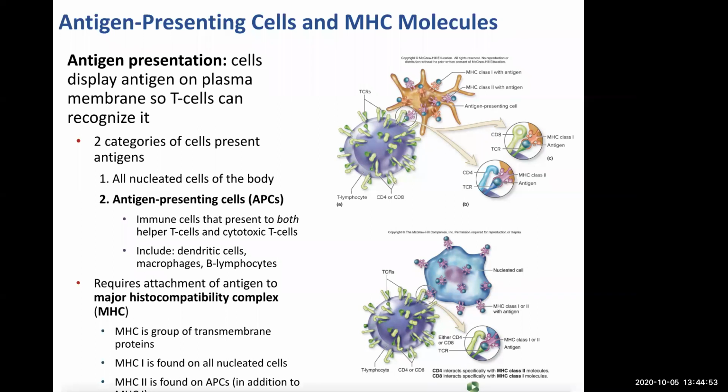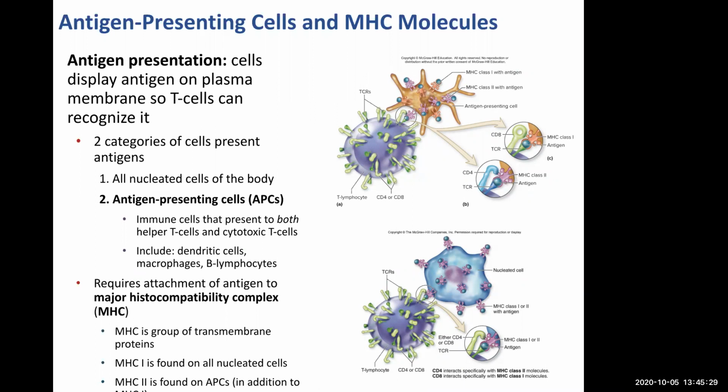And then the other type of MHC molecule that we have is called MHC2. And just because I feel like with this kind of material semantics can trip people up, if you see MHC class 1, that's the same thing as MHC1. If you see MHC class 2, that's the same thing as MHC2. So MHC2 or class 2 is a molecule that is found on the surface of only 3 different cell types, okay?